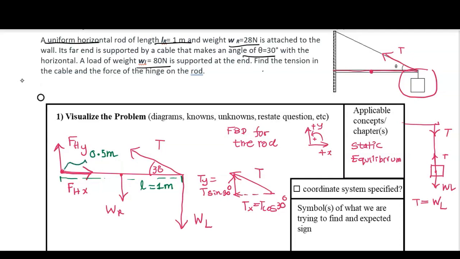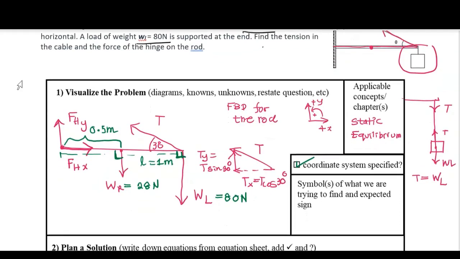And then we know the weight of the rod is equal to 80 newtons. No, I'm sorry, it's 28 newtons, and then the angle between the weight and the rod is equal to 90 degrees, and then the weight of the load is 80 newtons, the angle is 90 degrees, and we have specified the coordinates, and we are trying to calculate the tension force.